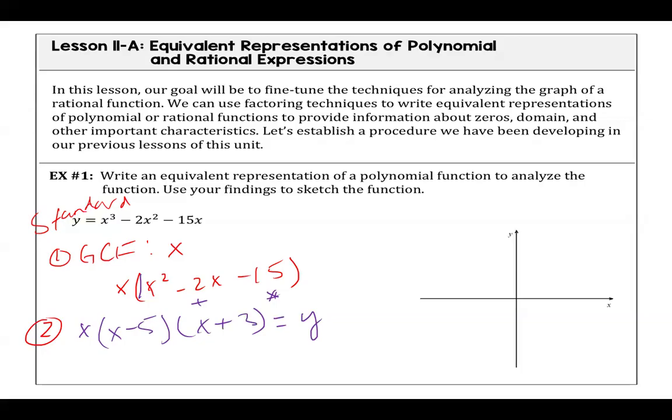Does that make sense? Okay. So now you can create a sketch because this would be something that would be on the non-calculator part, okay? So when you are looking at this, you can find out all the different things that you need to know.